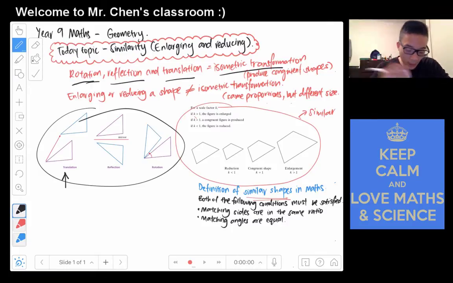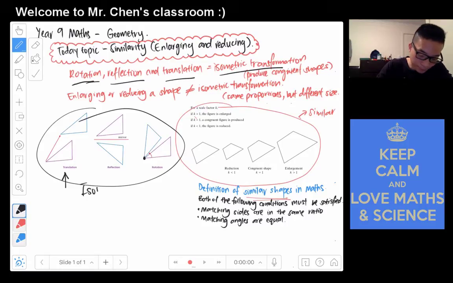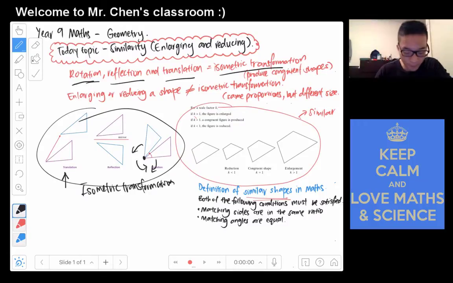And rotation is pretty much you have a point and then you just rotate it around, or you can go the other way.